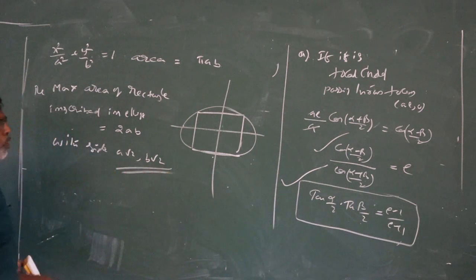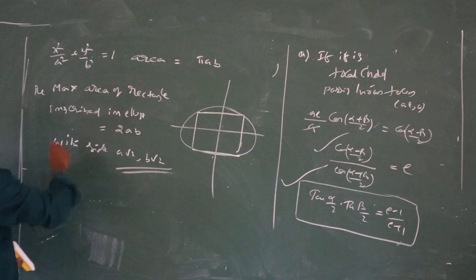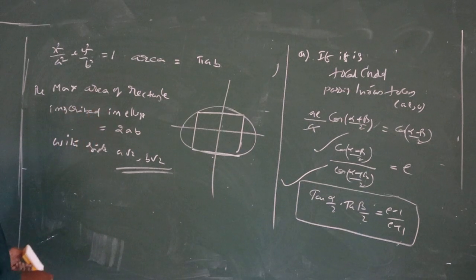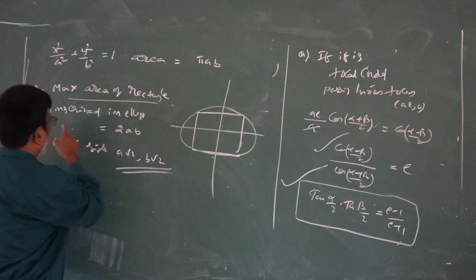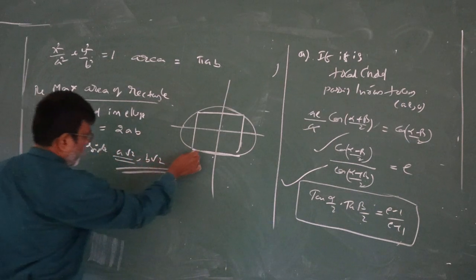This is a very important shortcut. So the area of the ellipse is pi ab, and the maximum area of a rectangle inscribed in the ellipse is 2ab.